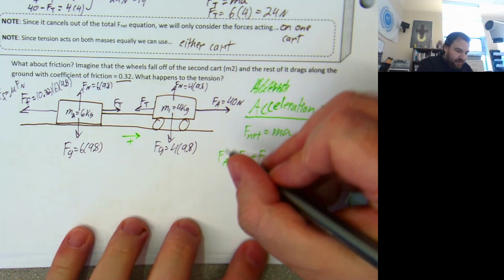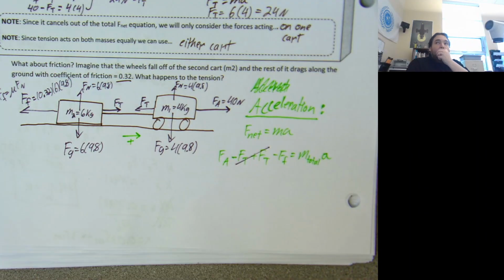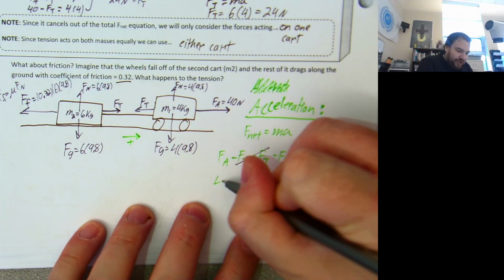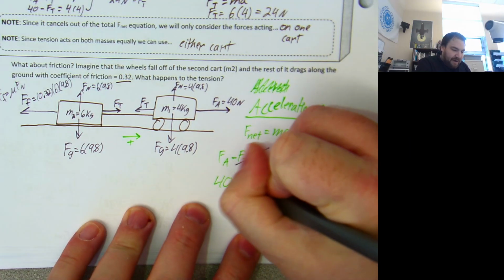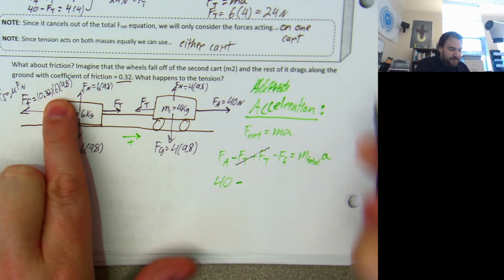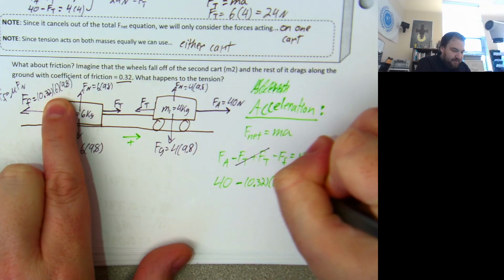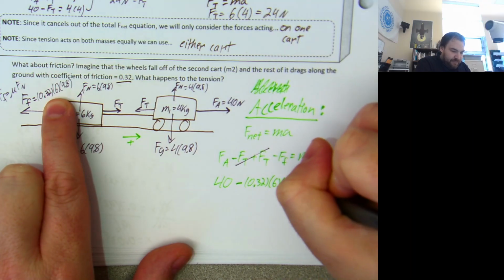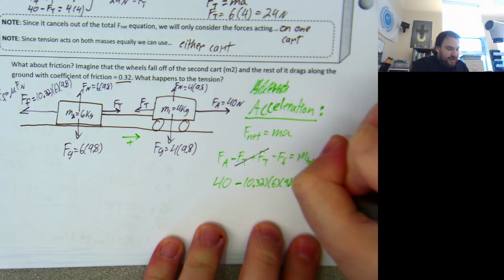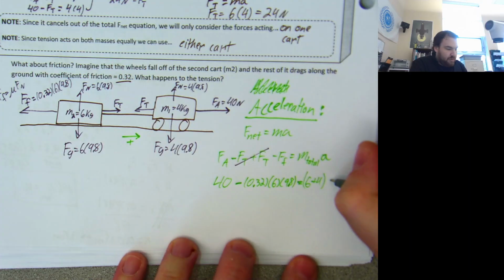So we're going to have the tensions cancel, which is beautiful. We're going to have a 40 Newton applied force minus the friction force. The friction force we had an expression for. It's going to be 0.32 times 6 times 9.8. That's going to equal the total mass, 6 plus 4, A.